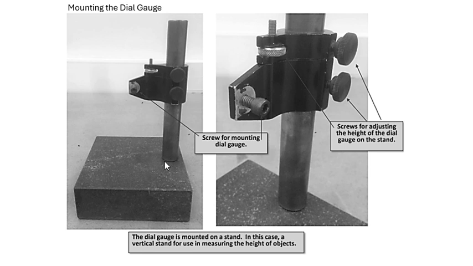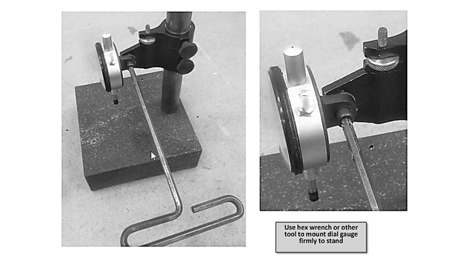So of course, this is a vertical stand that we use to measure the height of the parts that you want to study. This is just a wrench, or we call it the T-wrench or hex T-wrench. You can also use, of course, other tools that can fit into here to mount that dial gauge firmly onto this stand.